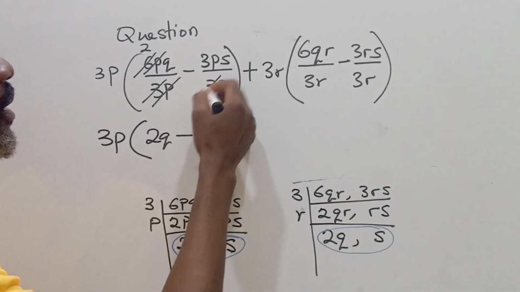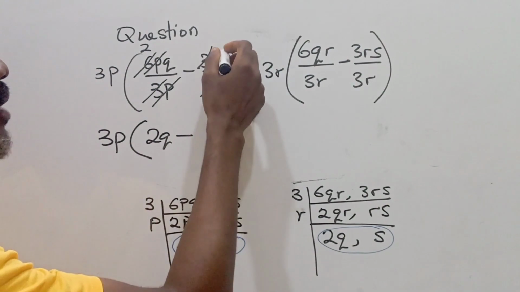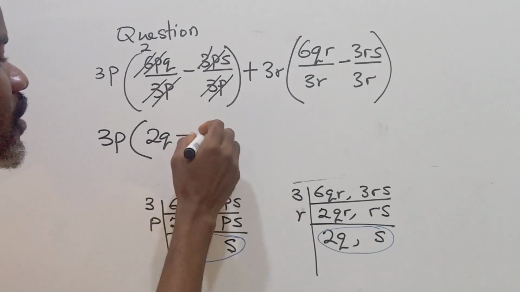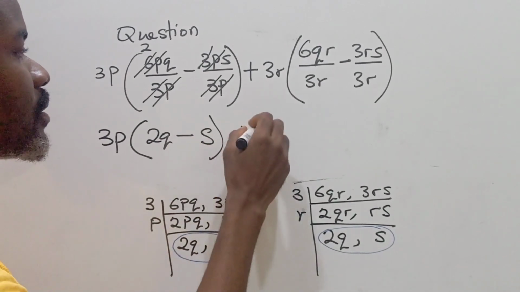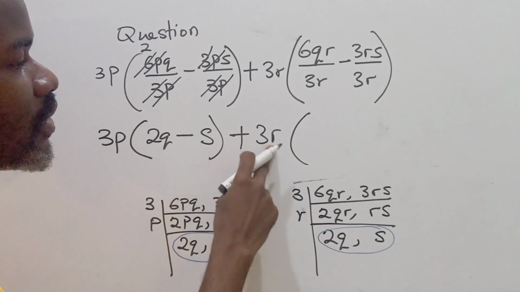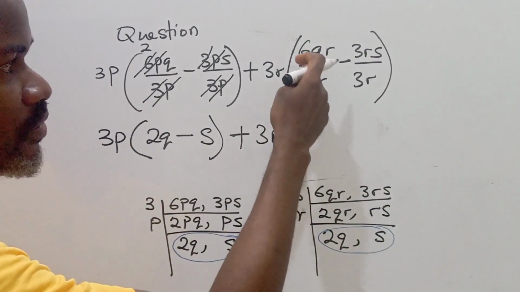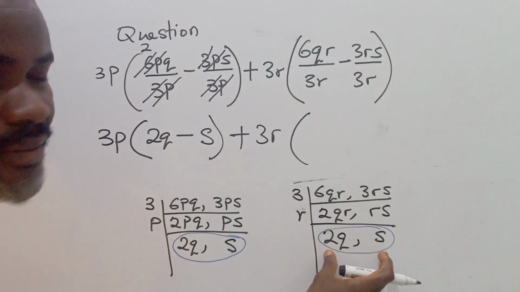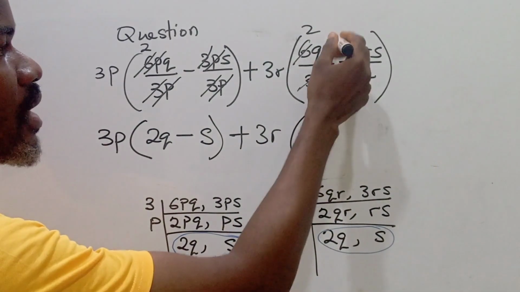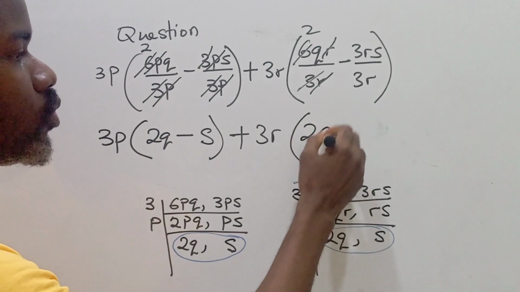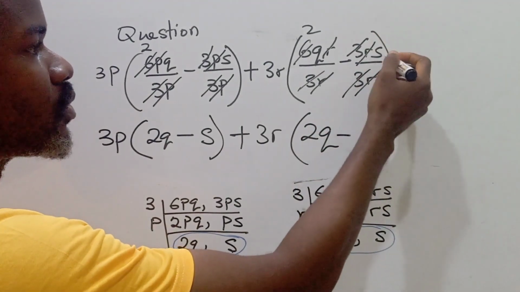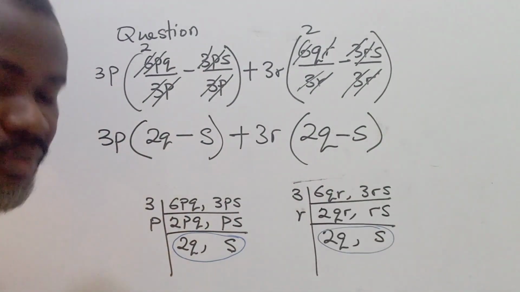Minus 3 will cancel out 3, P will cancel out P, so we are left with S. So plus 3R. If we use 3R to divide this and this, 3 into 6 is 2, R cancels out R, so we are left with 2Q, minus 3 cancels out 3, R cancels out R, so we are left with S.